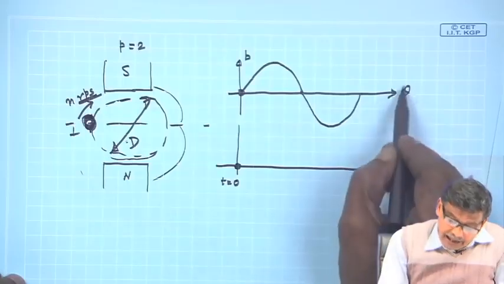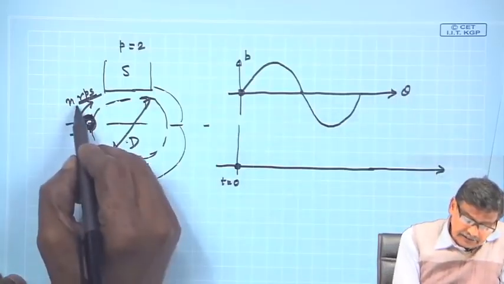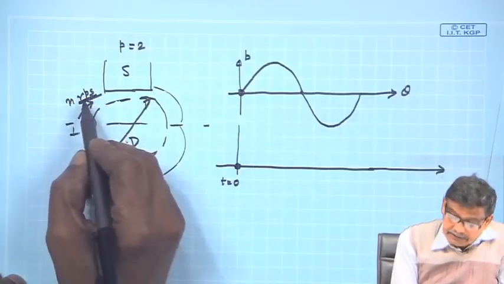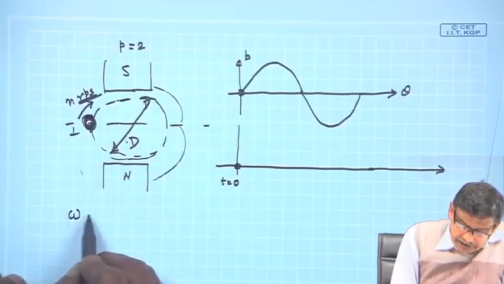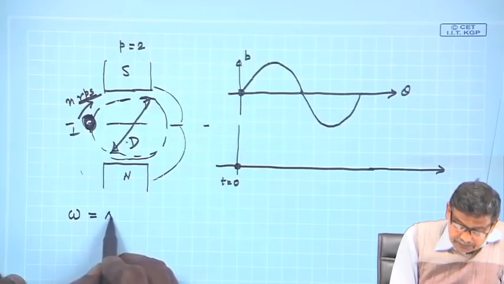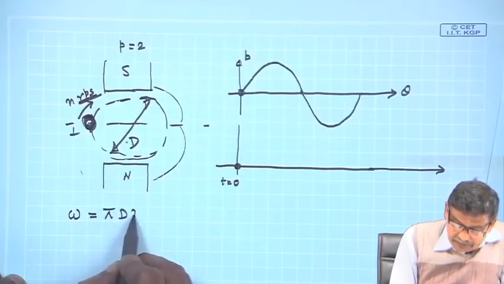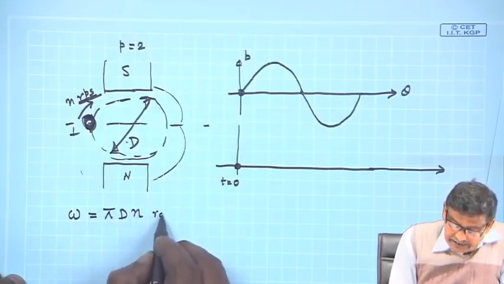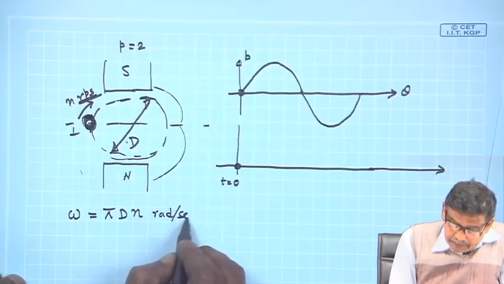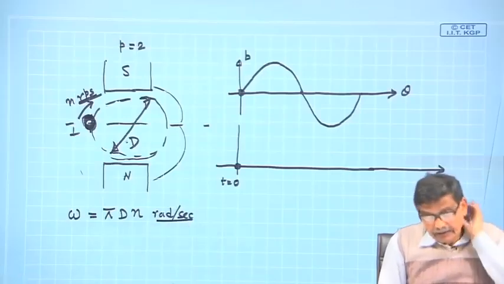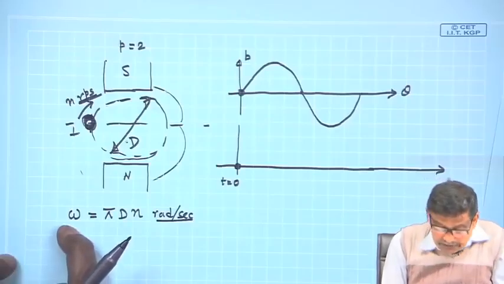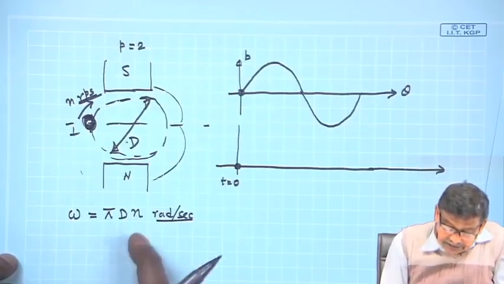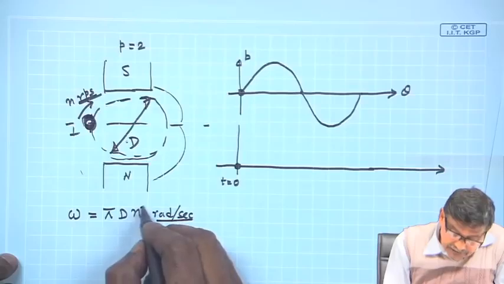Now, this is the angle. Suppose this rotates at n rps, and then you can see the speed of this one will be pi d into n. This is how the angular speed in radian per second is related to rotation per second.